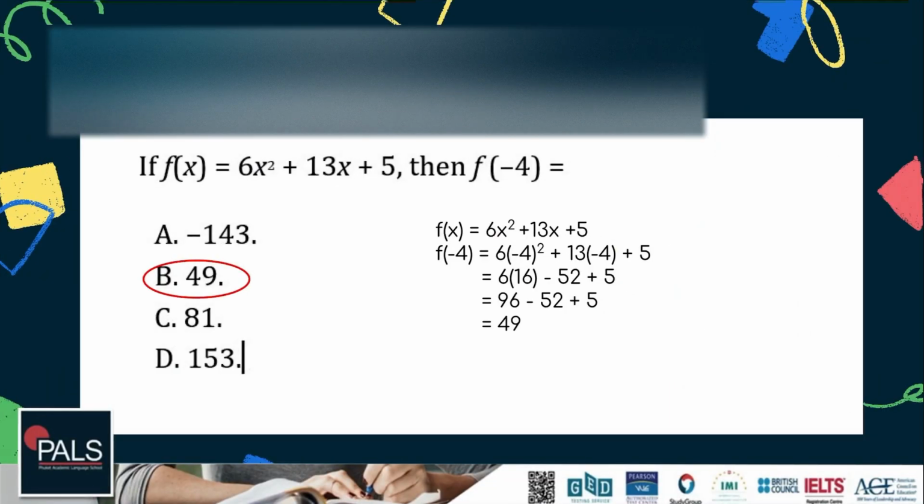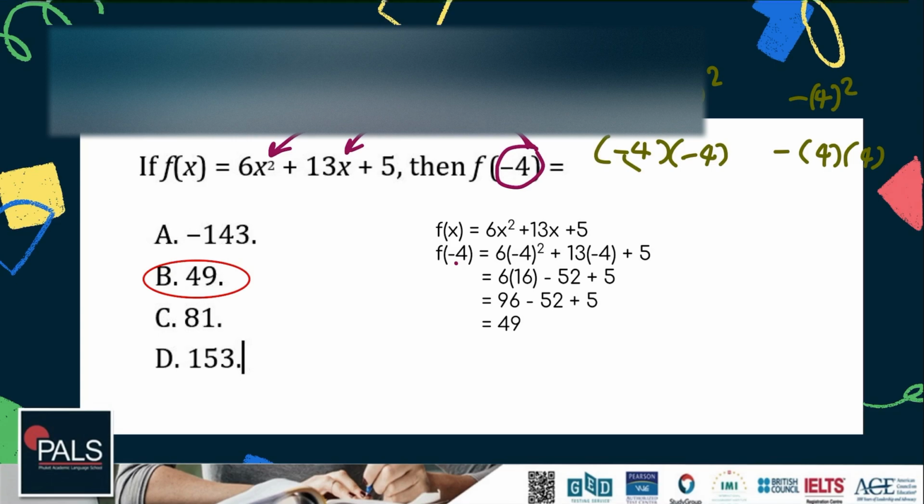Okay, if f(x) equals 6x squared plus 13x plus 5, then find f(-4). It means substitute -4 for x, right? So f(x) equals 6 times (-4) squared. Be careful with this one: (-4) squared and -4 squared are very different. (-4) squared means -4 times -4, but -4 squared means -(4 times 4).